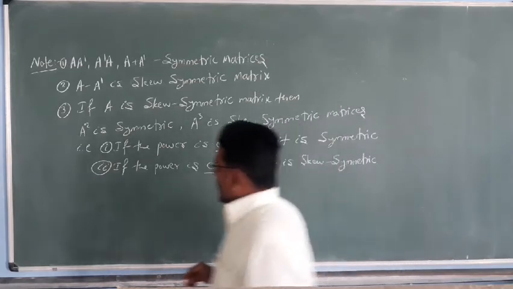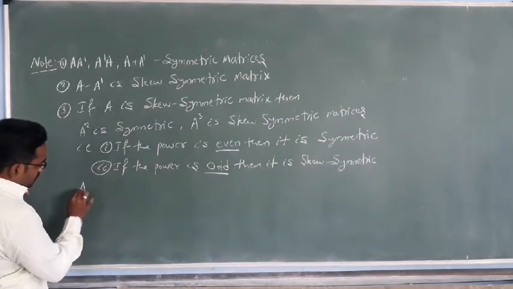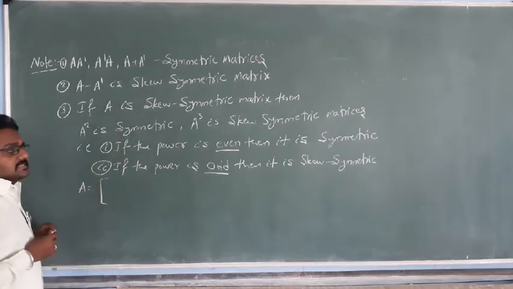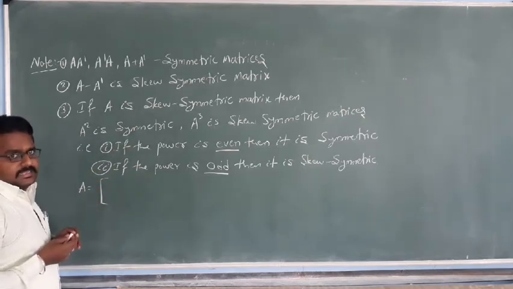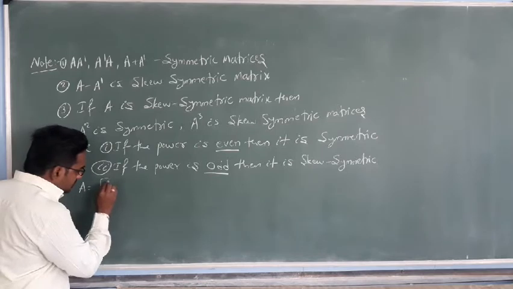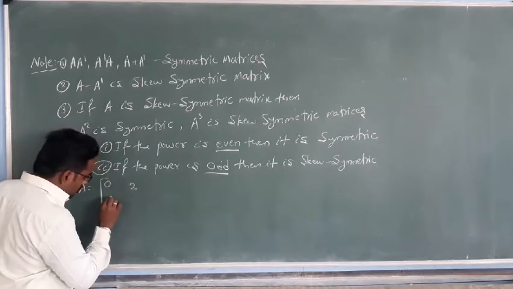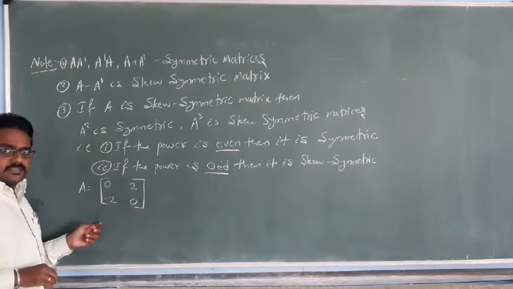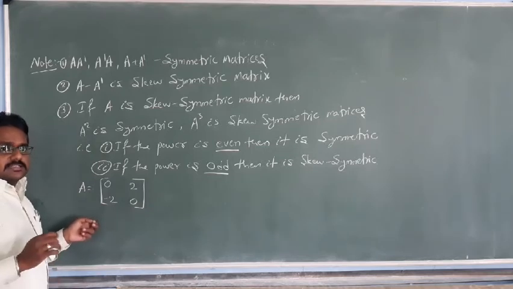Okay, let us see some example here, students. A equals, if A is a skew symmetric matrix, so I will write 0, 2, minus 2, 0. Is this skew symmetric? So what is the shortcut method?